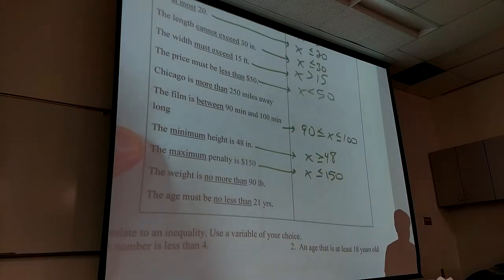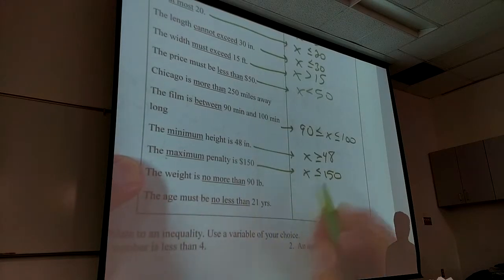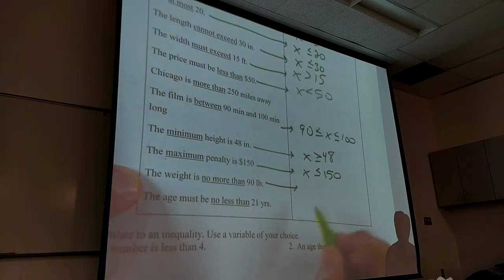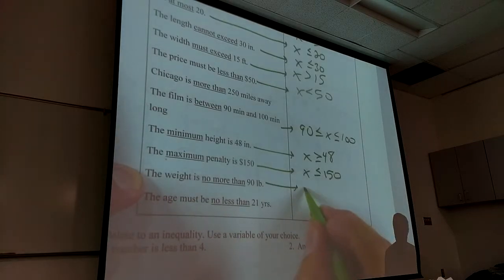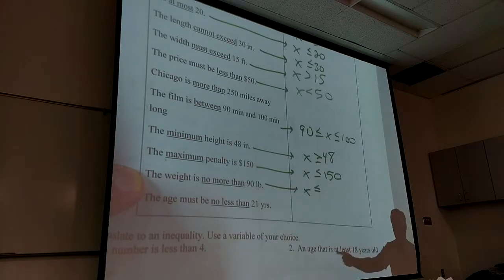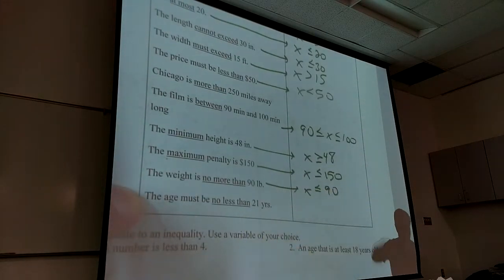How are we doing so far? I always say when the minimum fee is something like that, it could mean anything. Maximum fee is better. No more than 90 pounds. Less than or equal to. So it's not more than, so it must be less than or equal to 90. And of course, no less than would be the other way around.